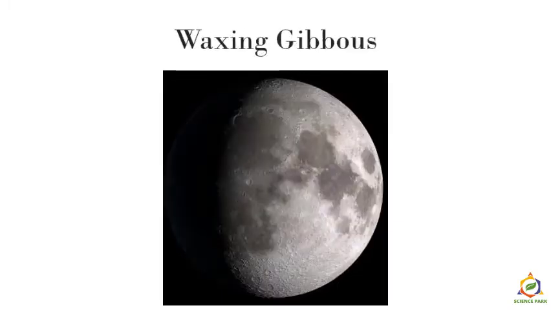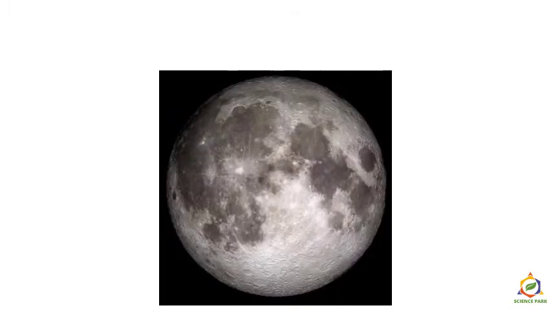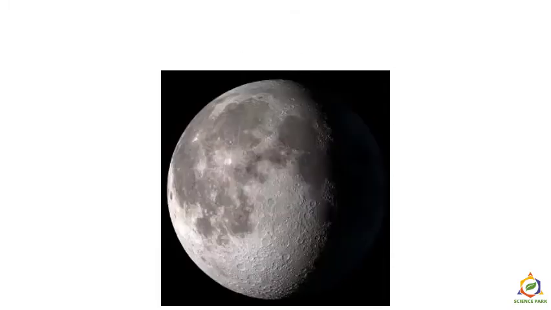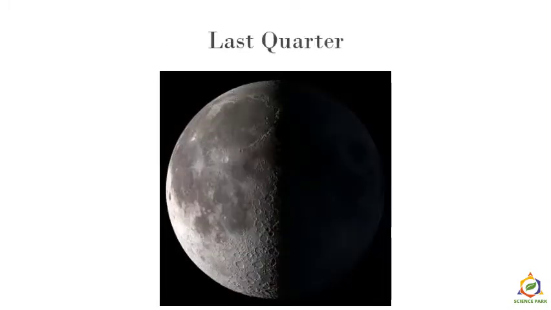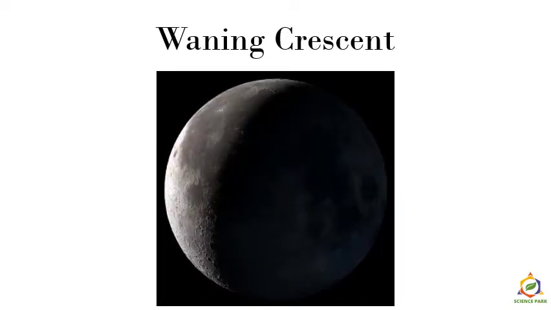Then comes waxing gibbous, and then full moon. On full moon day we see the whole moon in the sky. Then comes waning gibbous, last quarter, waning crescent, and finally again new moon. So this cycle completes.